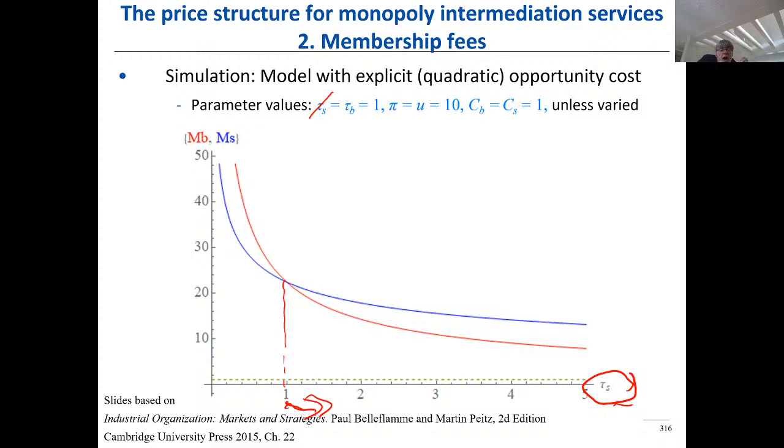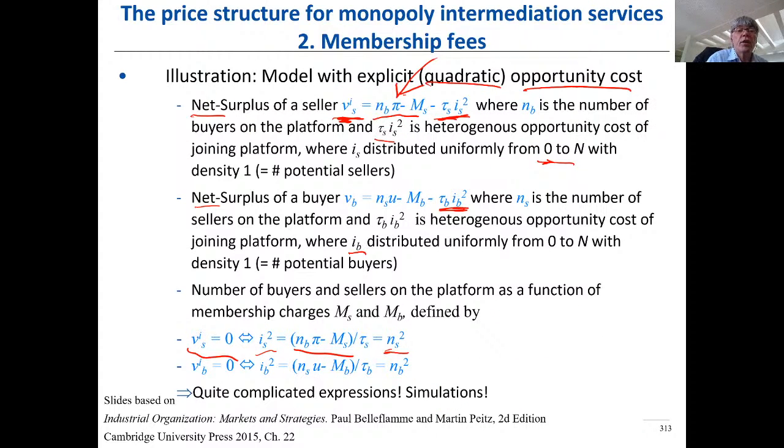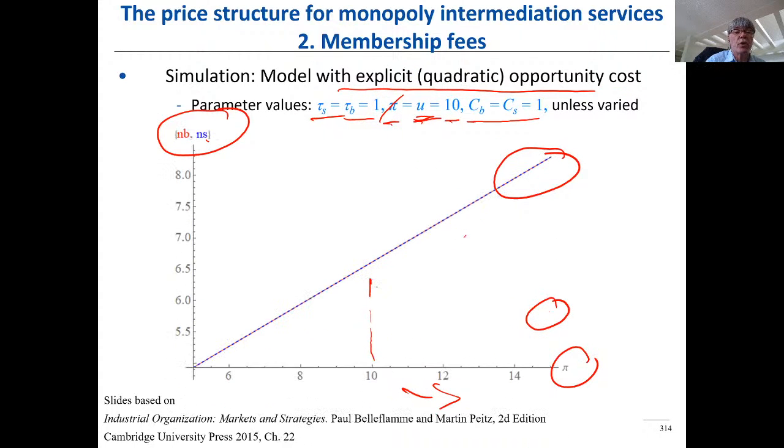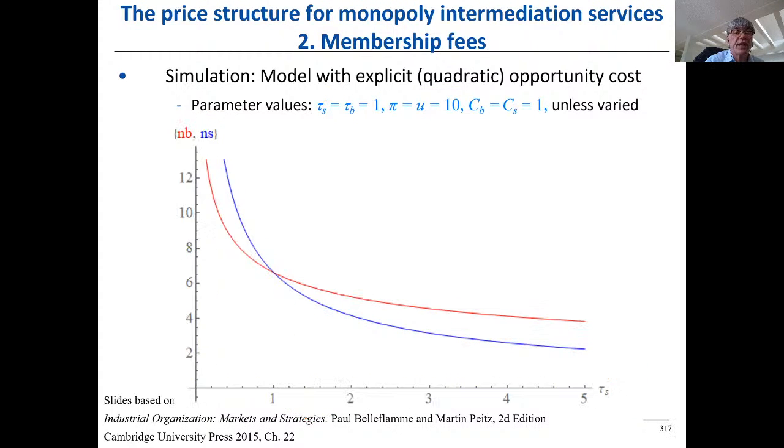But for the buyers, the change is what you lose for every seller, so they suffer more if you get fewer sellers. And what is interesting now, and that's why I use this parameter, is that you also have an effect on the number of buyers and sellers.